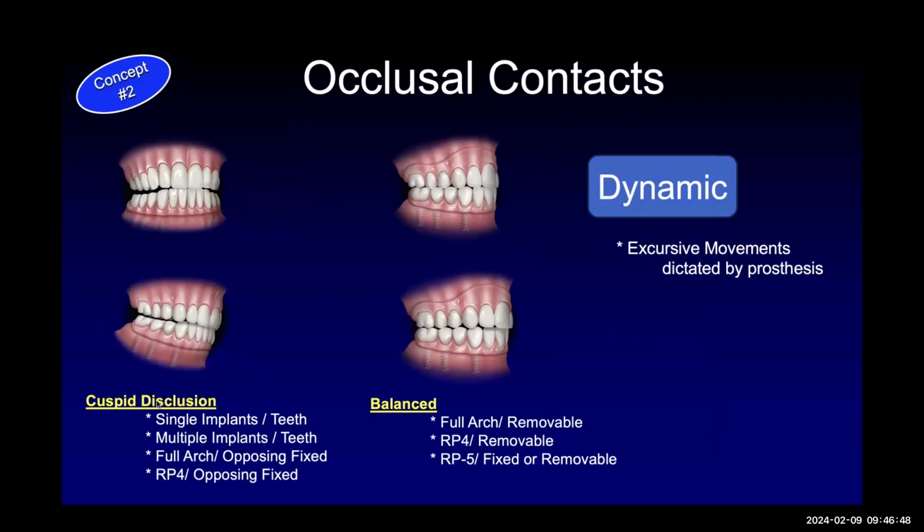So we want cuspid disclusion similar to natural teeth when we have fixed implants or fixed teeth opposing it. However, when we have an overdenture, when we have a soft tissue borne prosthesis, we want a balanced occlusion. So it can't be one scheme for all types of implants. That doesn't work. And we know that doesn't work.